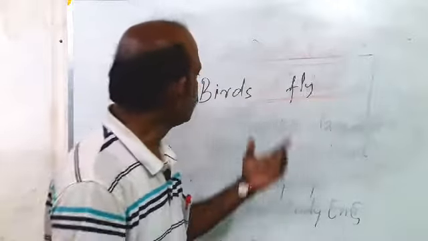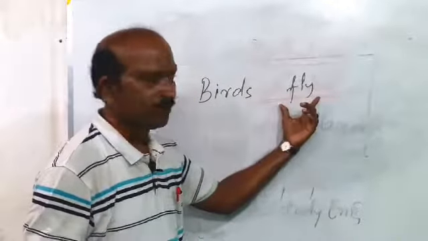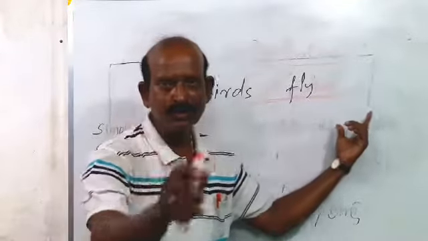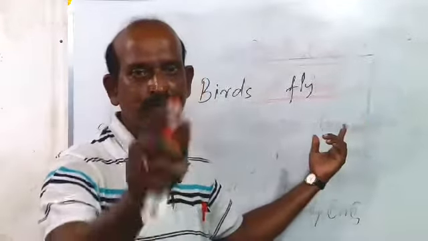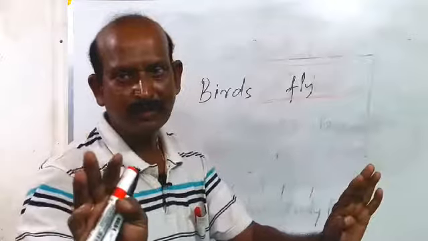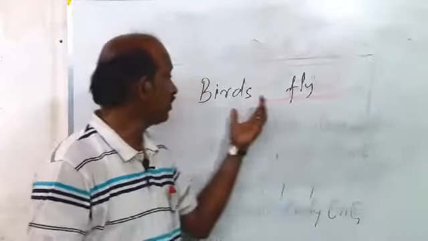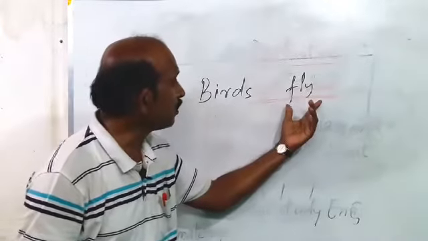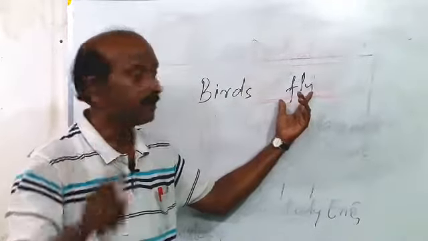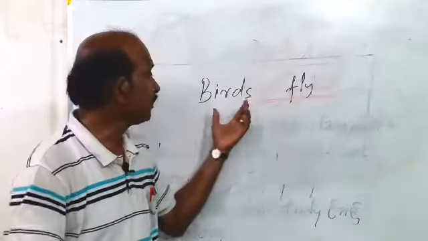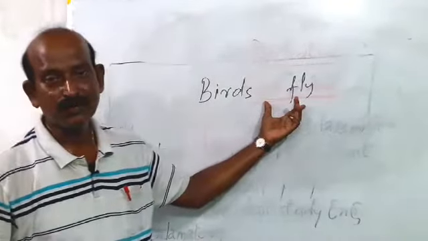For example, birds fly. When we ask the question using what, the answer we get is generally the object, but it is not so in all cases. Follow. Can you frame the question using the word what here? No, it is quite impossible.